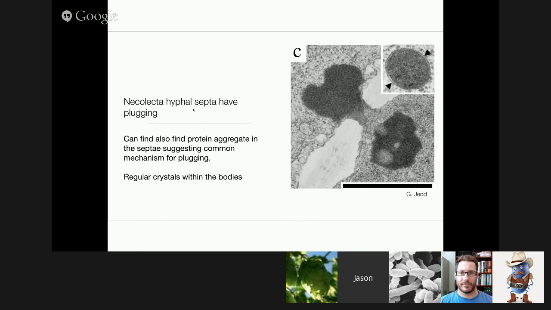And so we can ask the question: we know the proteins that are involved in what are called the Woronin bodies in filamentous fungi, the filamentous ascomycete fungi like Aspergillus or Neurospora. We know those proteins. Do those proteins exist in the genome of Neolecta, or does it have a different way of making these plugs?